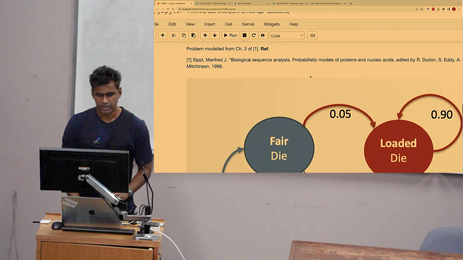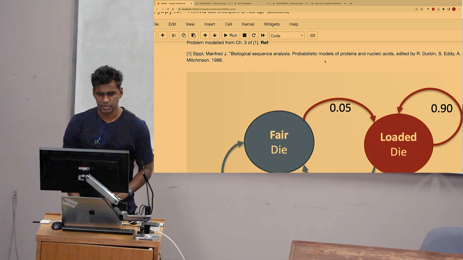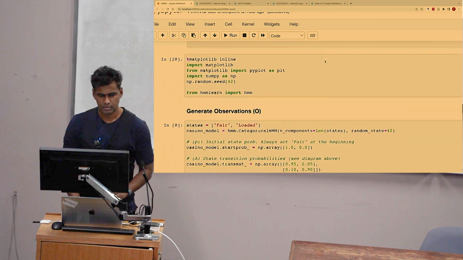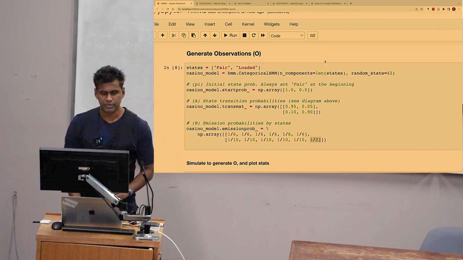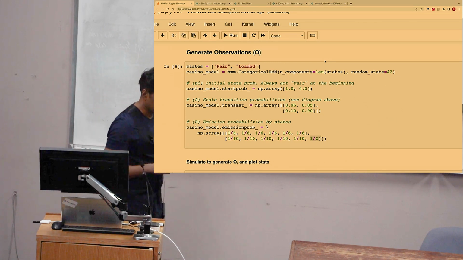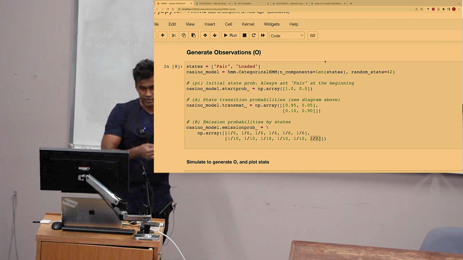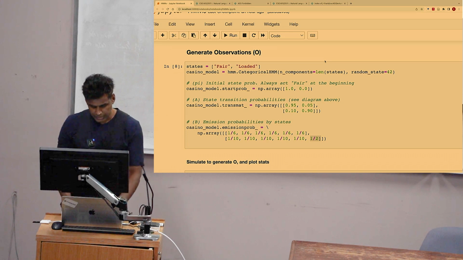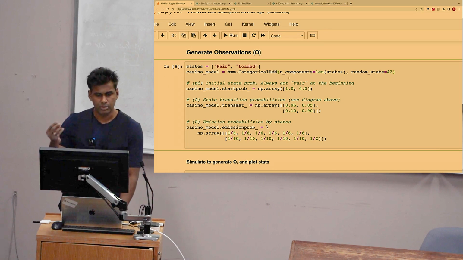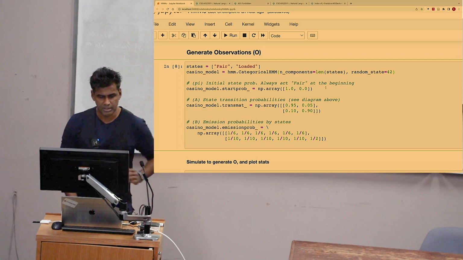So this is taken from this book. And at first, before we do anything, we will generate some observations. These observations are real life observations. You're observing this at a casino. We can do this by defining a categorical HMM with two components, fair and loaded. They're the two states, with some random seed.